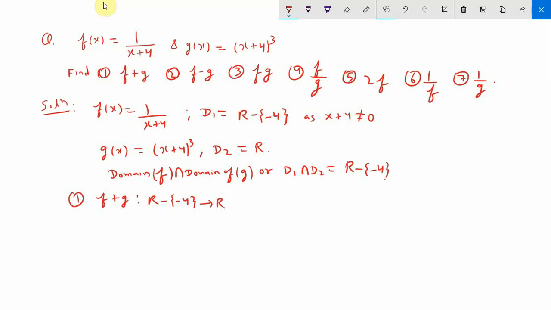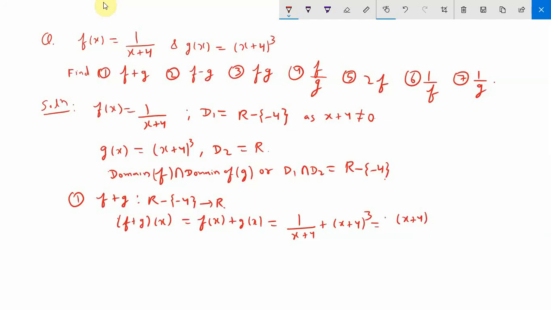Okay, and f plus g will be defined by (f plus g)(x) equal to f(x) plus g(x). So we can write 1 by (x plus 4) plus (x plus 4) to the power 3, and this will be (x plus 4).